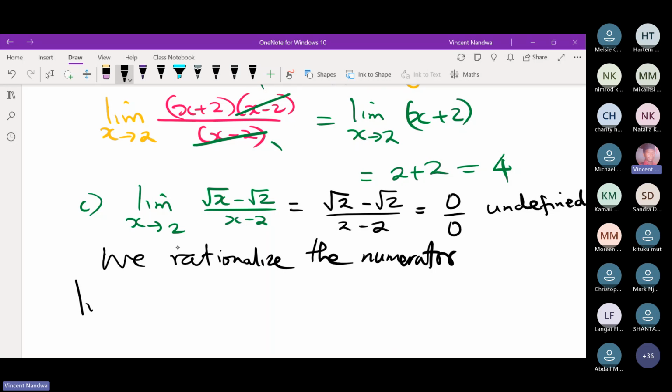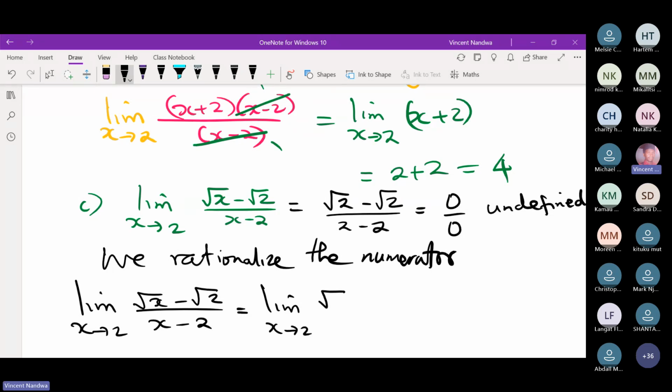So we'll have the limit as x approaches 2 of root x minus root 2 over x minus 2. To rationalize the numerator means you multiply both the numerator and denominator by the conjugate of the numerator.